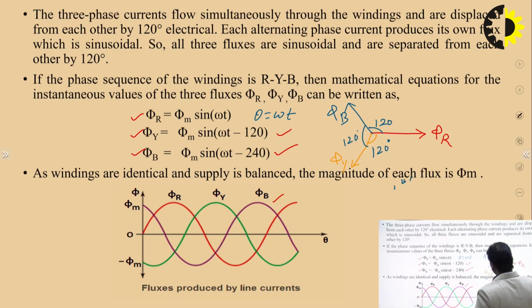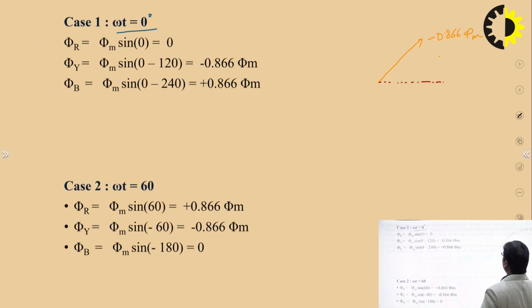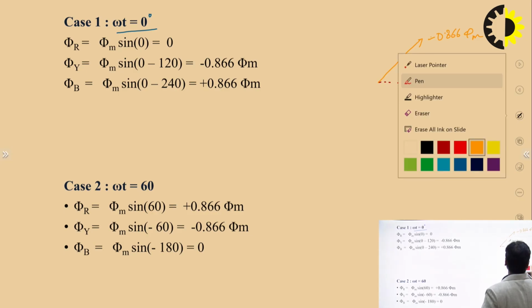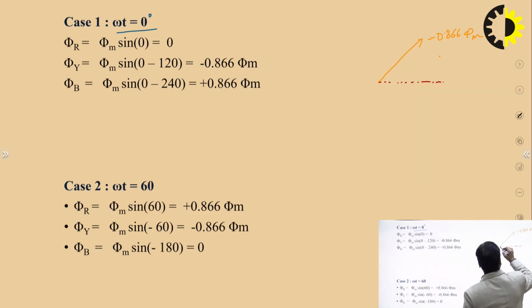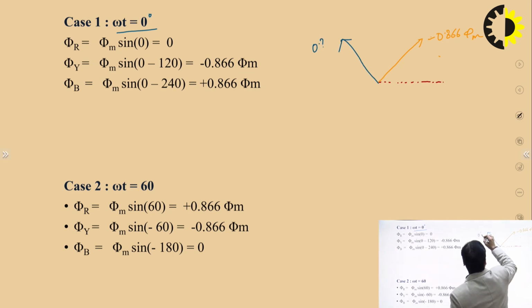Plus means in the same direction, so this will be given by plus 0.866 phi m.